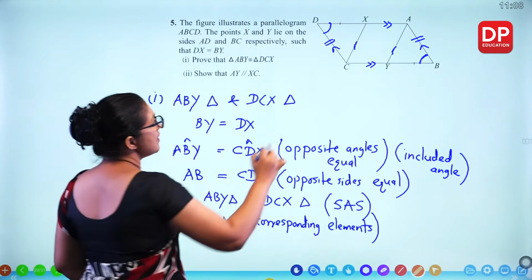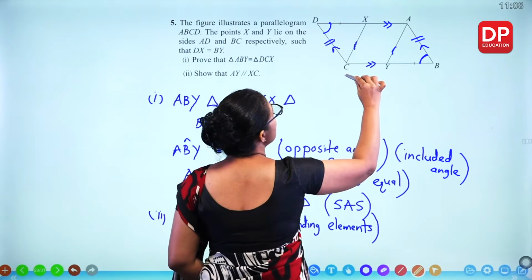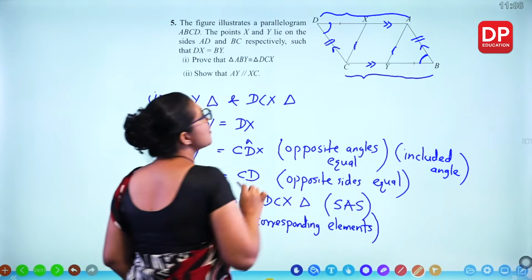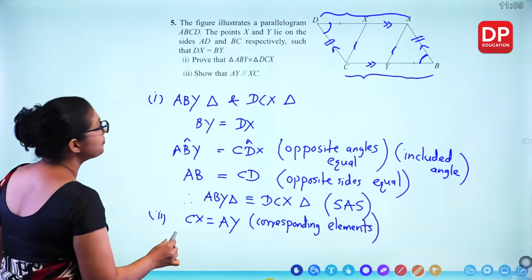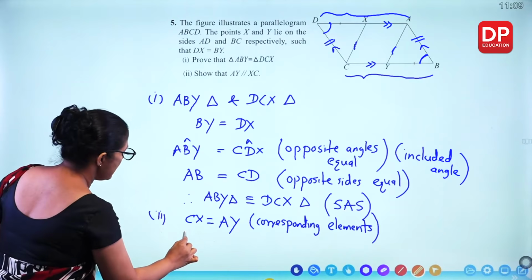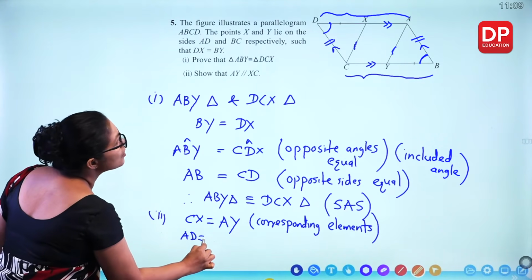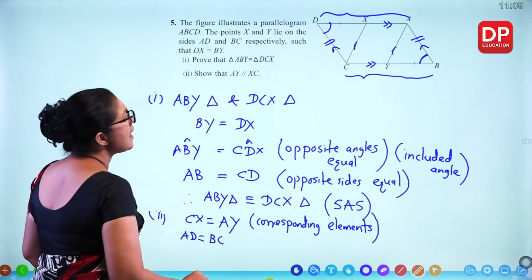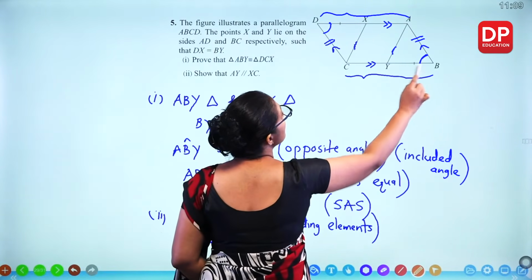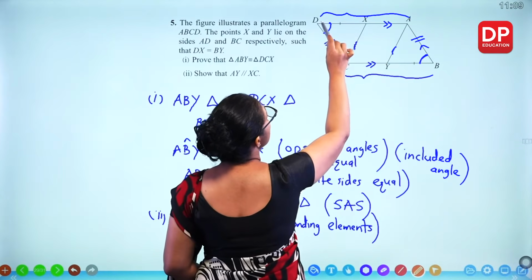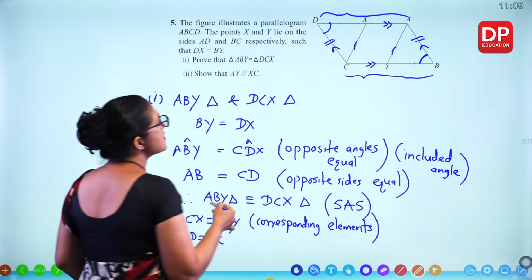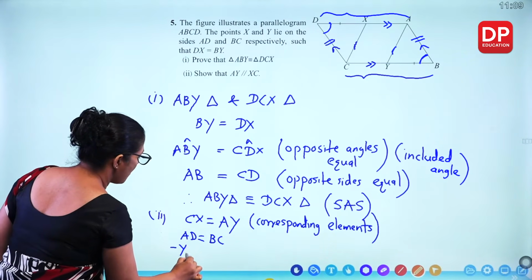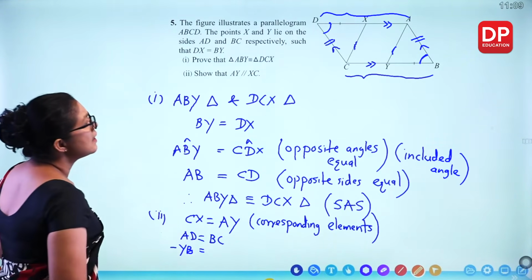And also I can write down this length is equal to this length because that's a parallelogram. AD is equal to BC, and I can subtract this equal distance from that. These two are equal. I can subtract YB from this side.